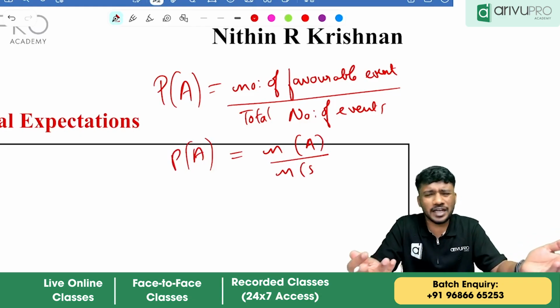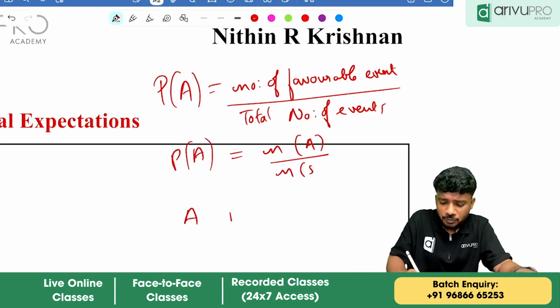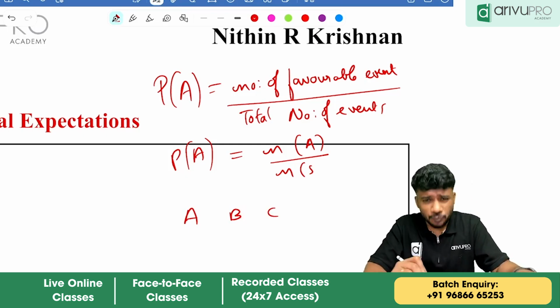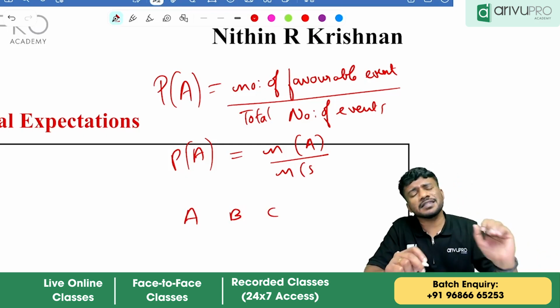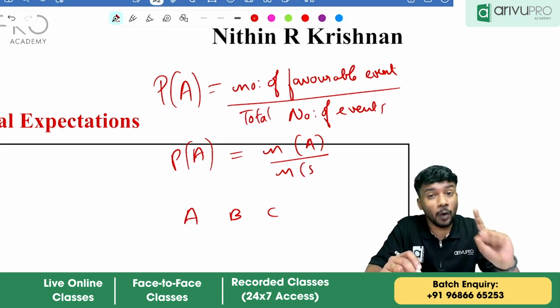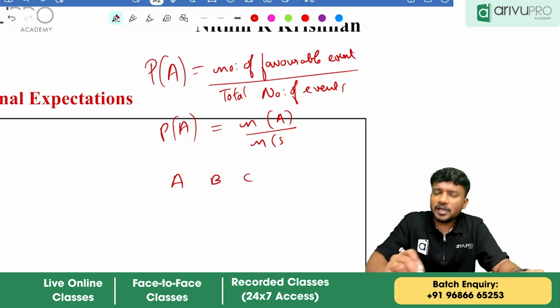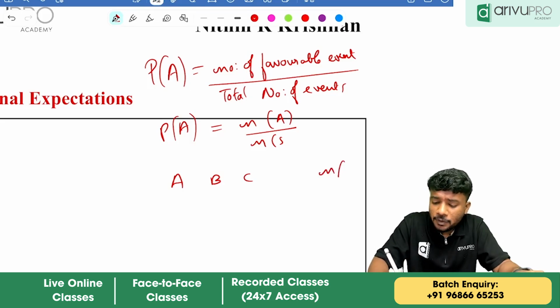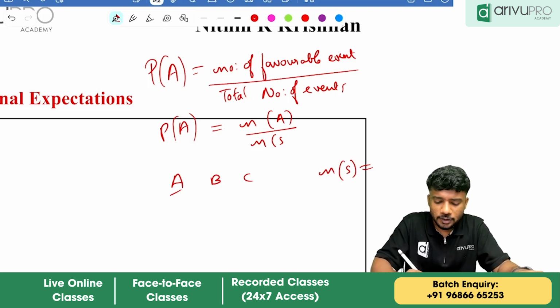For example, you have three options a, b, c. These are the options for your examination. One question will have three options, right? In these three options there will be one correct answer and two wrong answers. Now you tell me, total how many outcomes are there? 1, 2, 3.